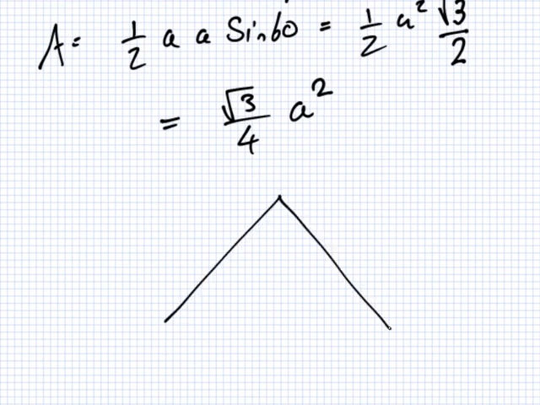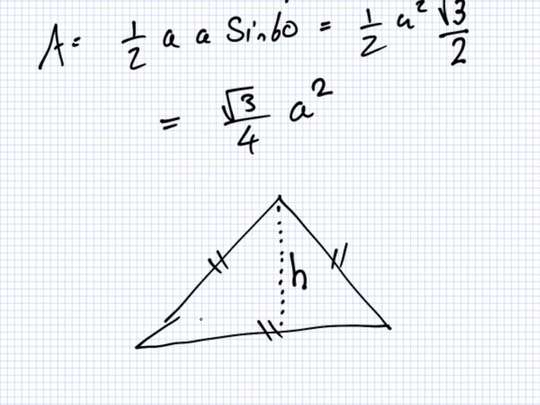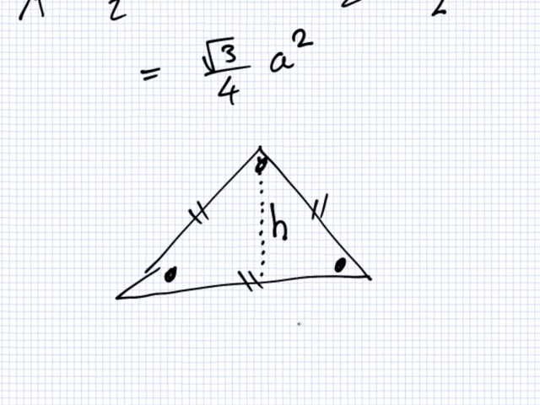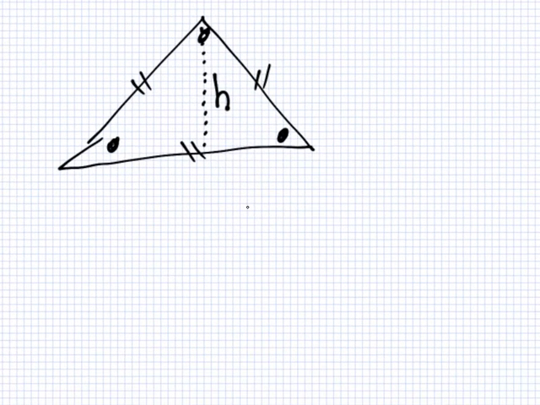So again, this is equilateral, but this time I tell you it's an equilateral triangle with height h. Okay, can I scroll down a little bit? So I want the area again, please. Give me the area.